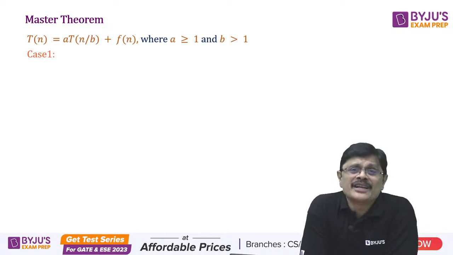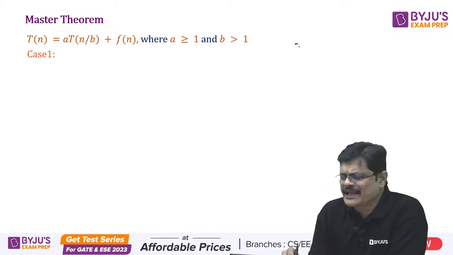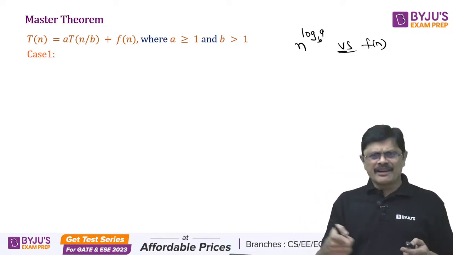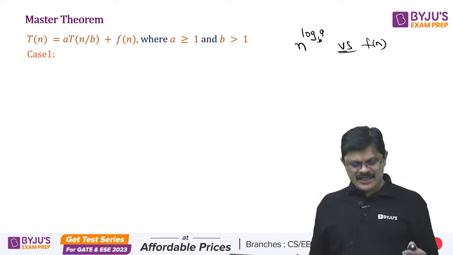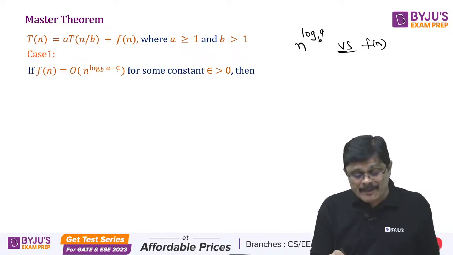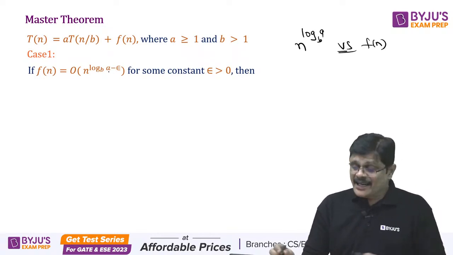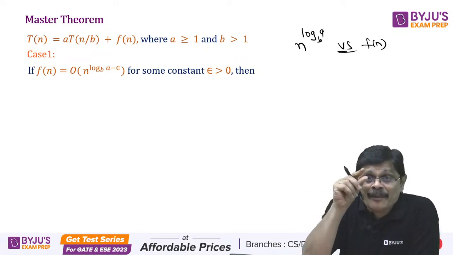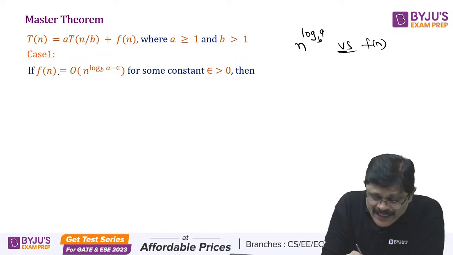Based on the different cases, we have solutions for this recurrence relation. Generally we compare n^(log_b a) with f(n). The first case is f(n) = O(n^(log_b a - epsilon)). Even if you subtract something from the exponent, n^(log_b a) is still dominating f(n).